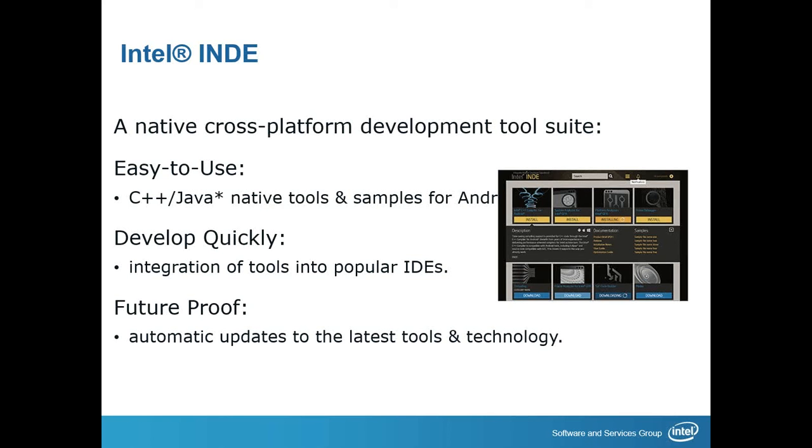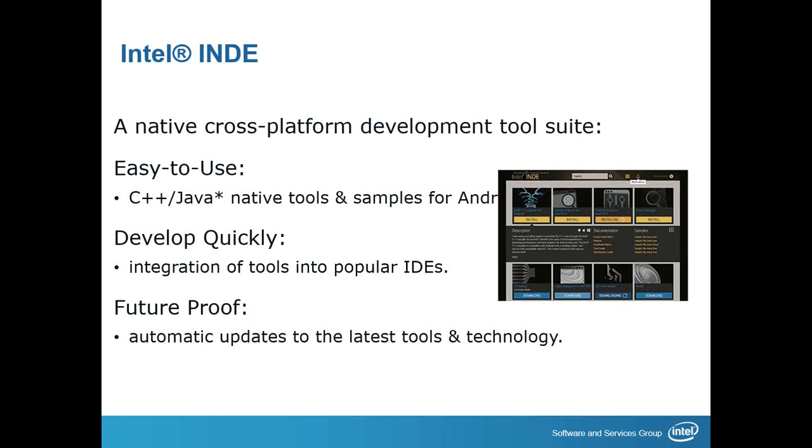So let me open up the Intel INDE screen. So you can see that in a single window, I have all the different applications or tools which I spoke about. You can see that it is present here.